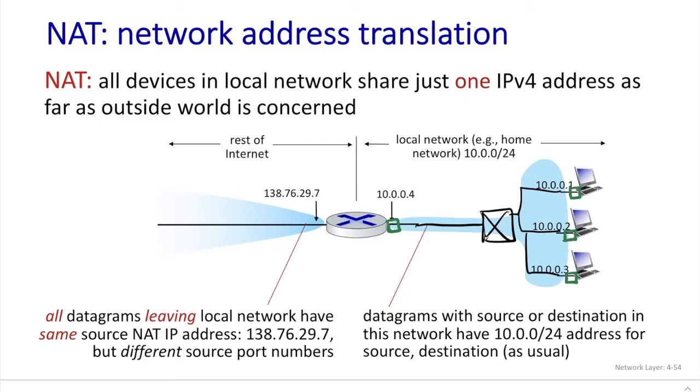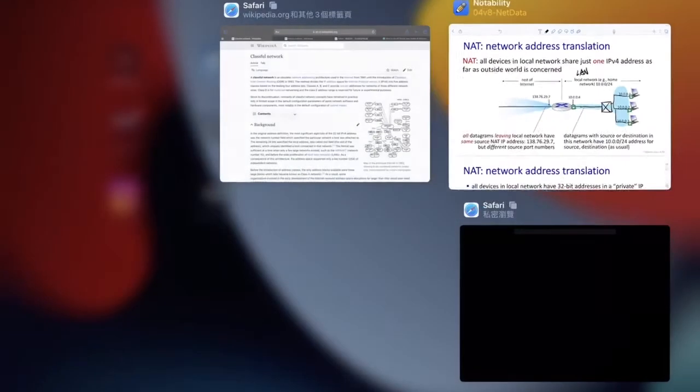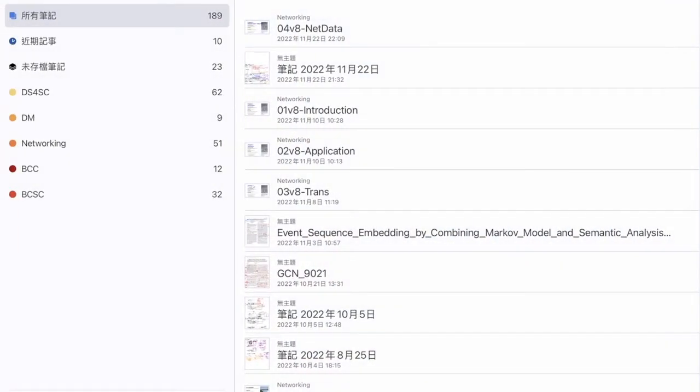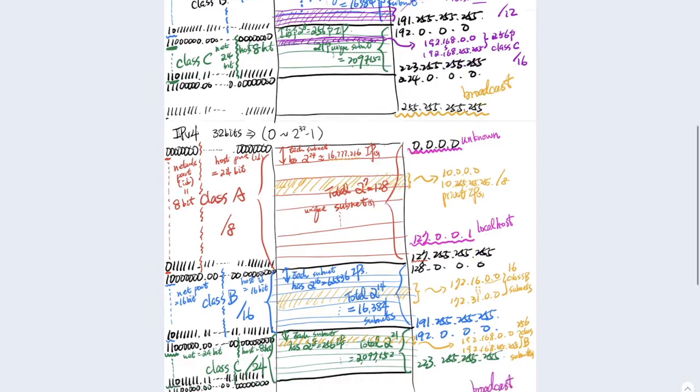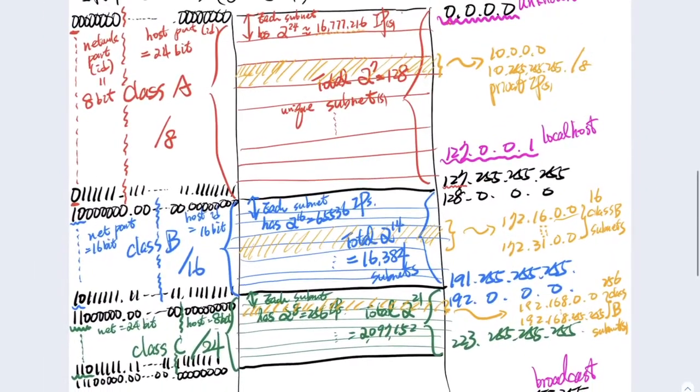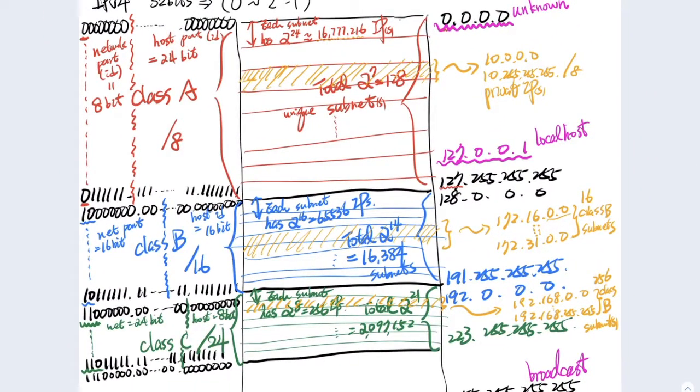So in this LAN, local area network, we can use the IP addresses in the orange part, which means we can use the private IP addresses reserved in this IP spectrum in our local area network.